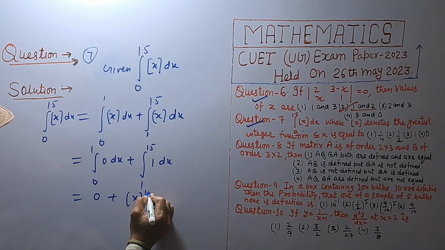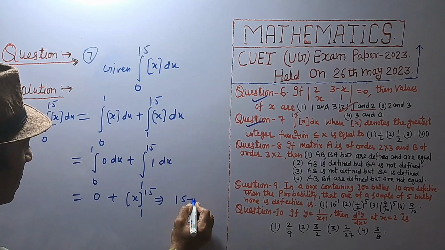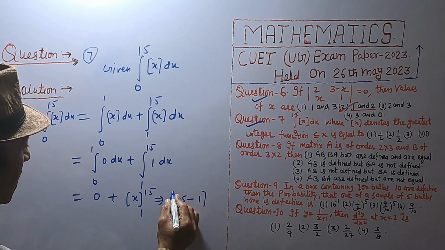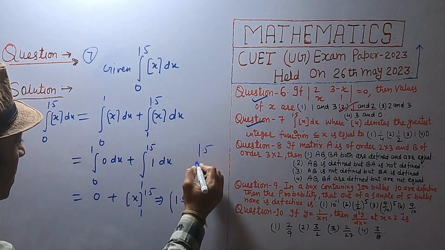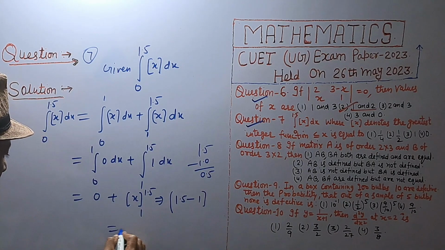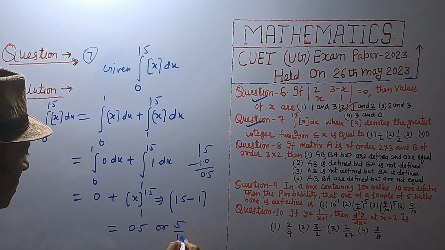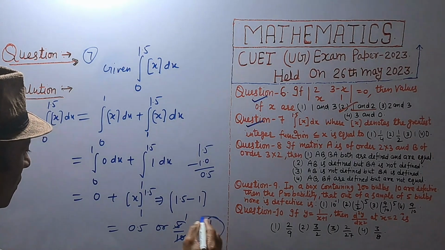Limits 1 to 1.5, which implies upper limit 1.5 minus lower limit 1. So 1.5 minus 1.0 is equal to 0.5, or 0.5 means 5 upon 10, that is equal to 1 upon 2.